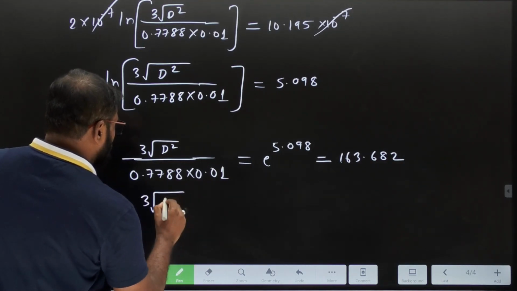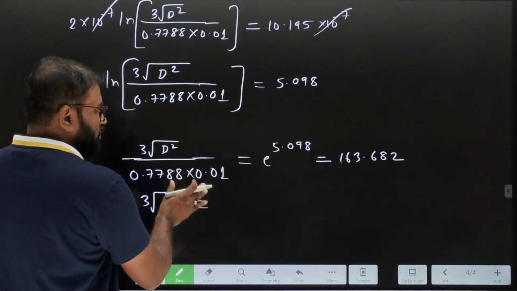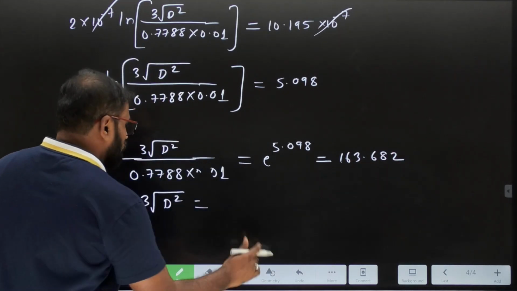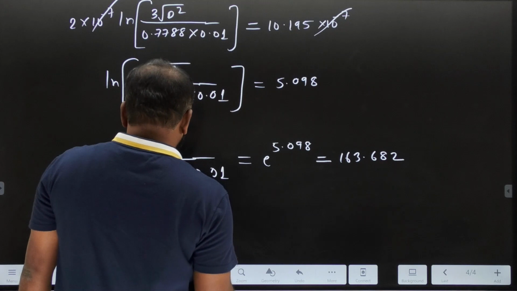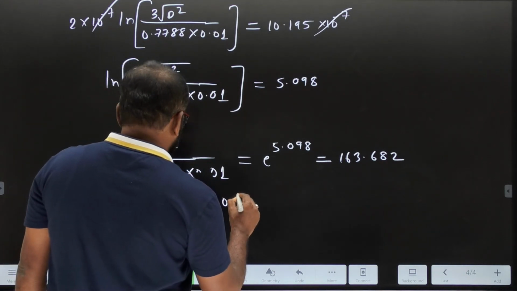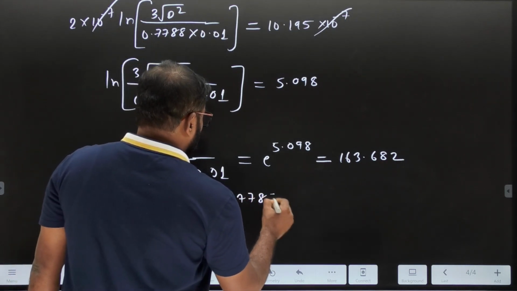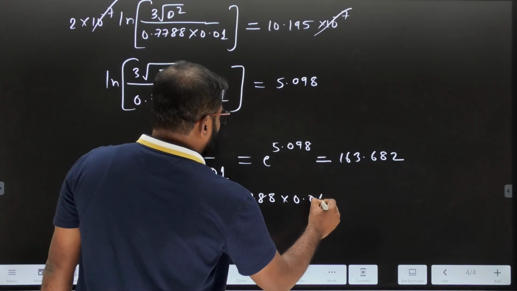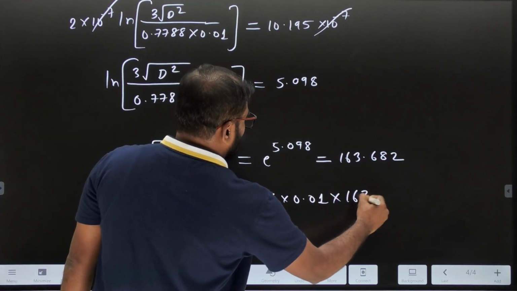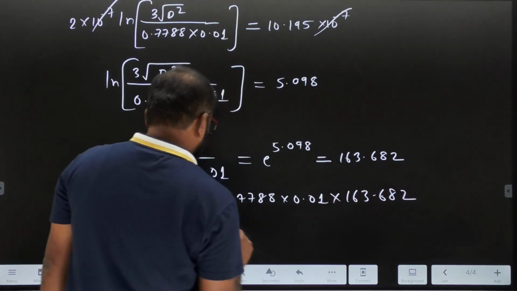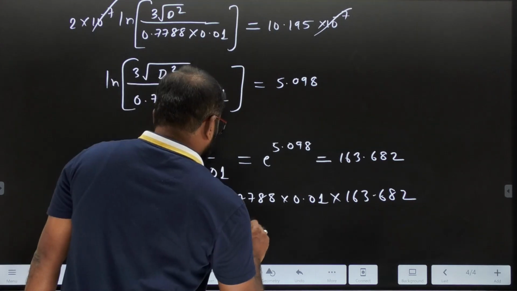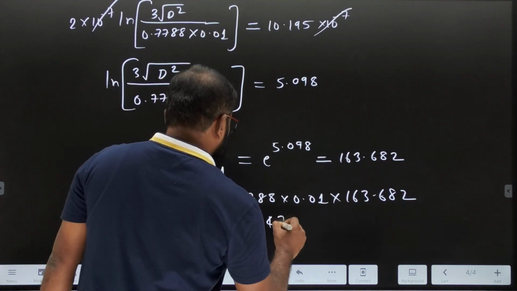Now what I can write, cube root of D square is equal to what? This term you can multiply here. So what I get? 0.7788 into 0.01 into 163.682. So this value is 1.2747.